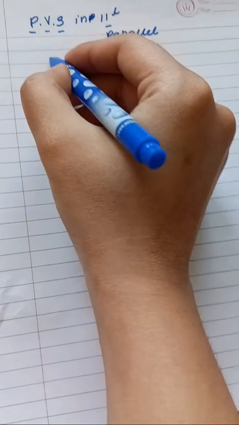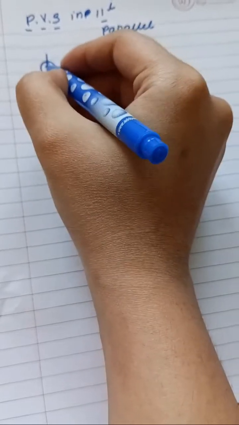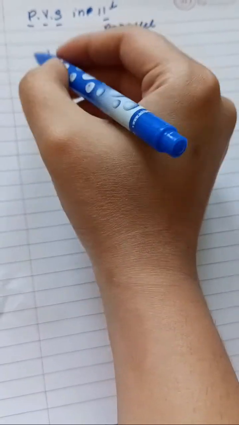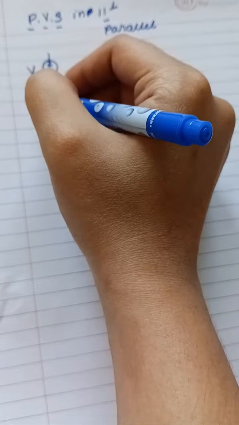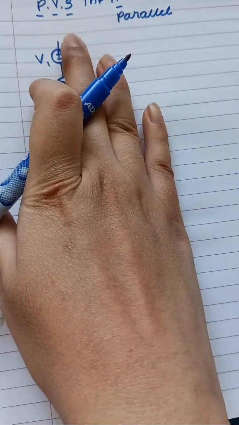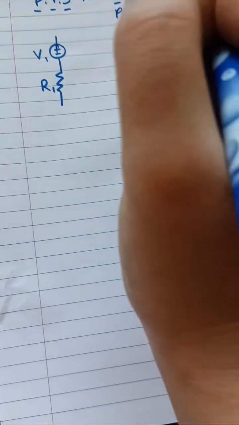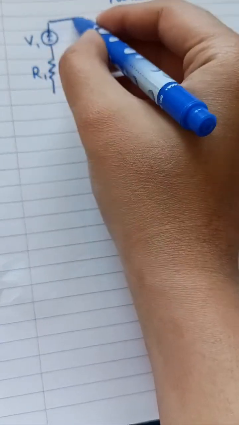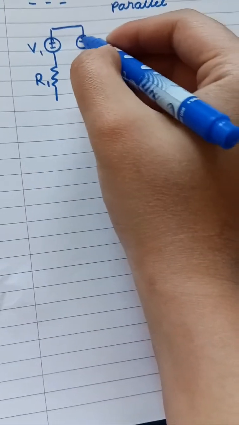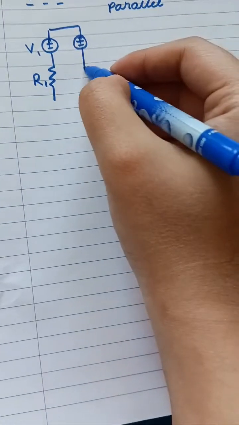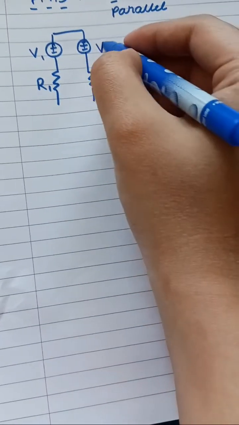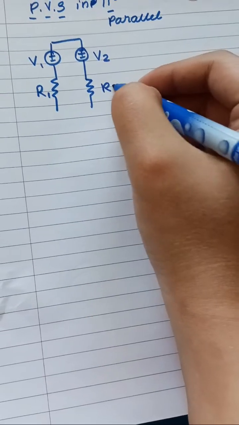I have told you that there is a voltage and a resistance, right? This is what is called a practical voltage source, and this practical voltage source will be in parallel with the other practical voltage source like this, that is V2 and R2.